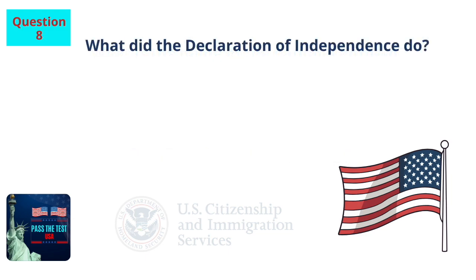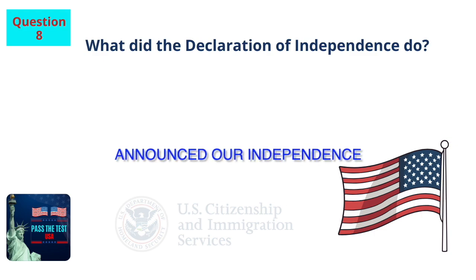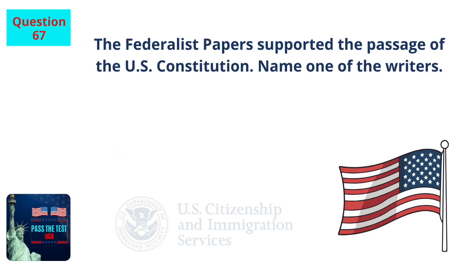What did the Declaration of Independence do? Announced our independence from Great Britain. The Federalist Papers supported the passage of the U.S. Constitution.